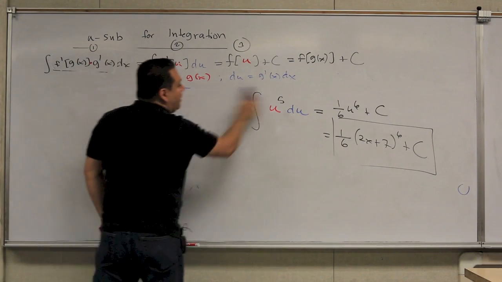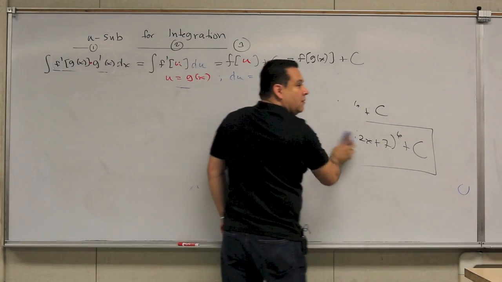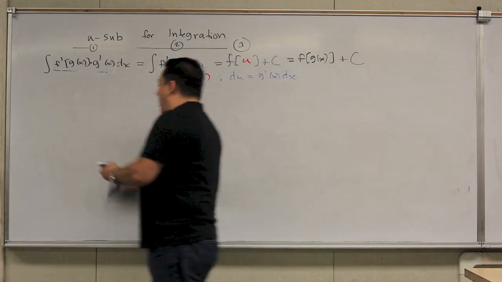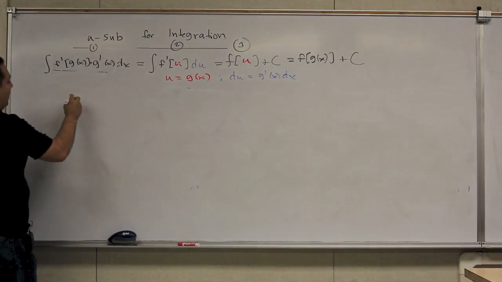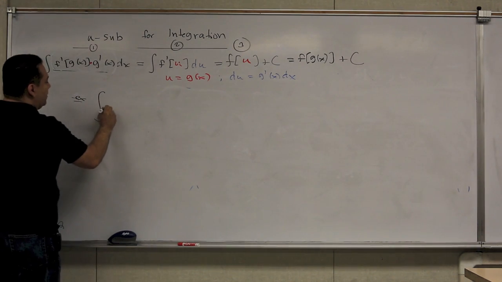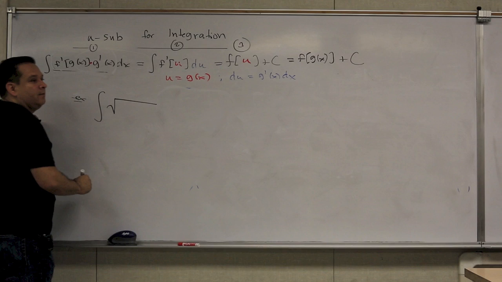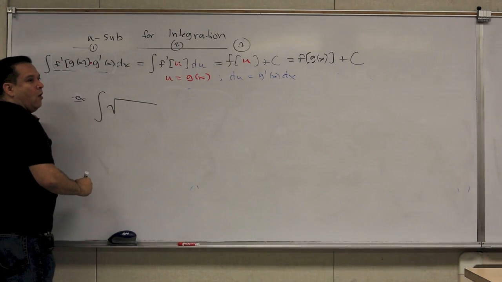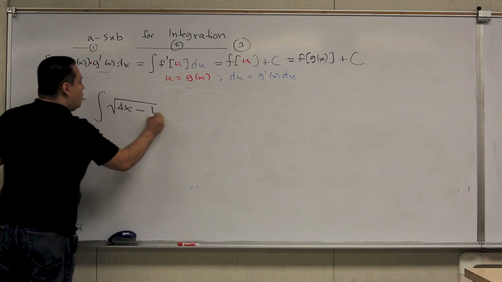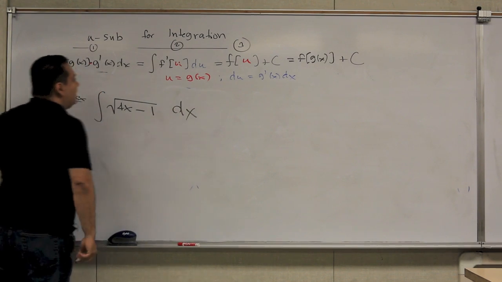And then I'm going to modify this a little bit on you. Okay, let's kick it up and modify it. Because in all honesty, they can give you the integral of, let's say, square root of 4x minus 1 dx.